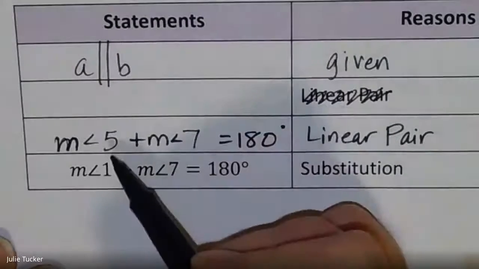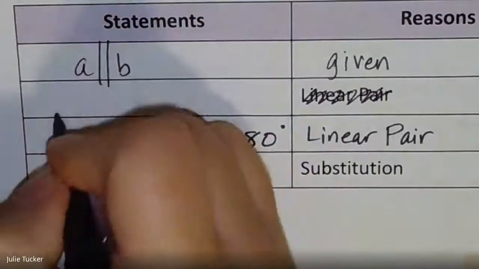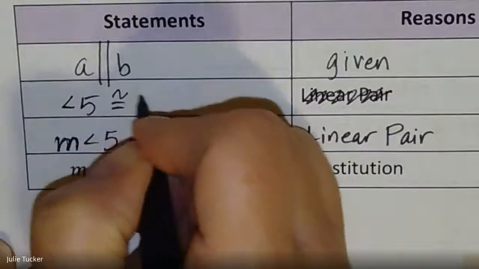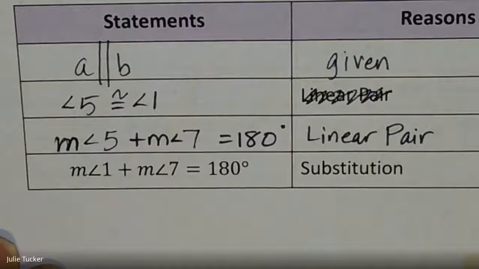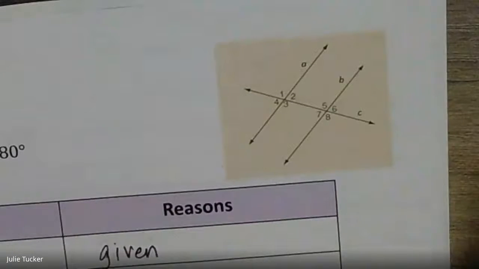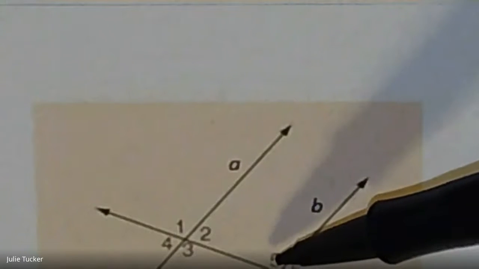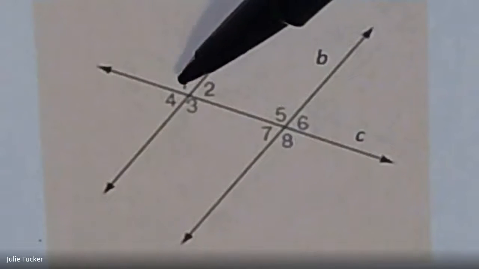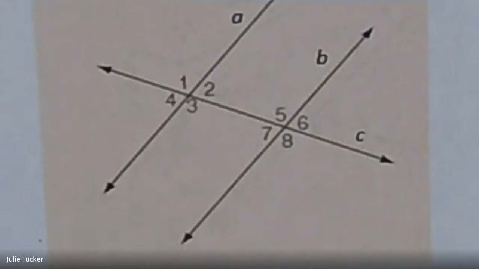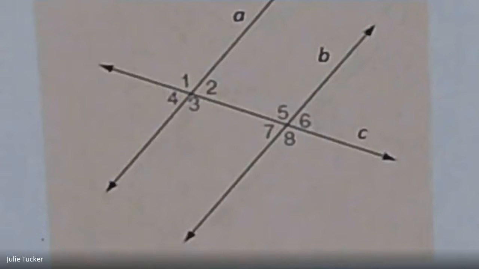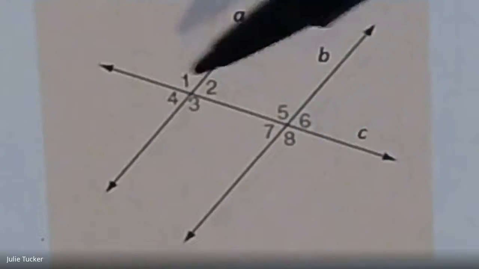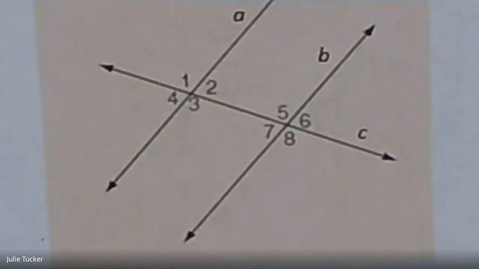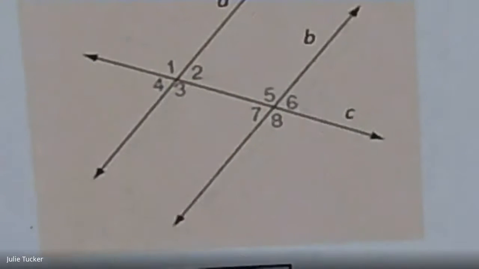So if I replace the 5 with the 1, I say angle 5 is congruent to angle 1. Let's go look at angle 5 and angle 1 and decide why that's okay. Here's 5 and here's 1. What kind of angles are 1 and 5?